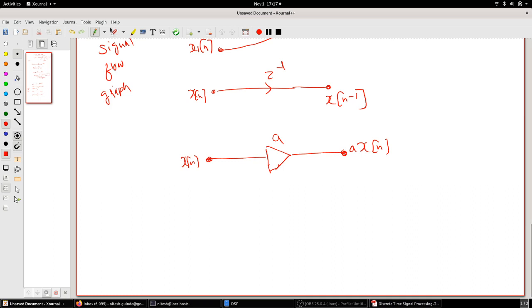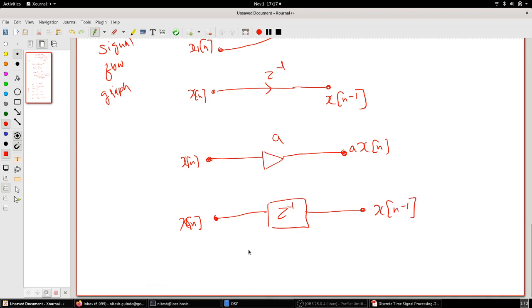So how do you draw that? You draw a triangular block and scale it. The value of this scalar will be a. In the same way, x of n, you pass it through a delay, and what you get here is x of n minus 1.